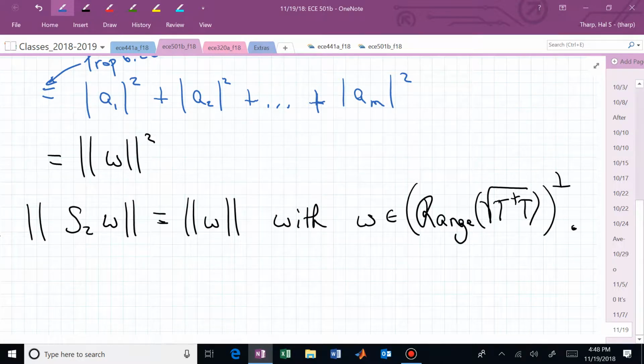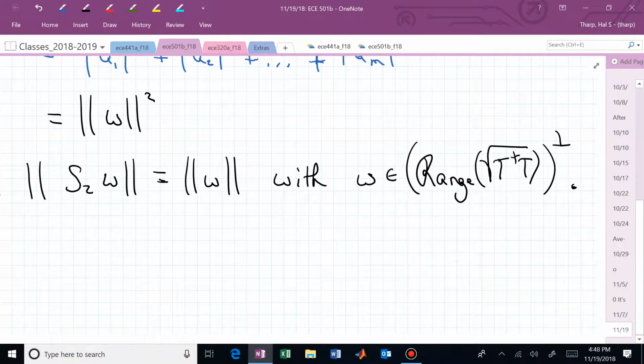Remember, S sub 2 is rotating from the orthogonal complement of the range of the positive square root of T dagger T into the orthogonal complement of the range of T. Is its null space trivial on that range space? So it's injective, isn't it? And so it's actually an isometry on that restricted set of vectors. So let me just make that conclusion.